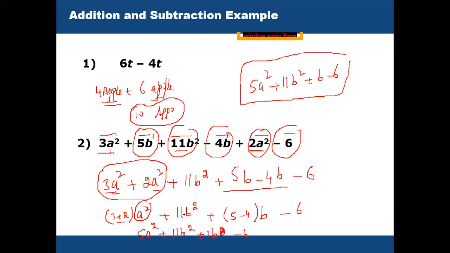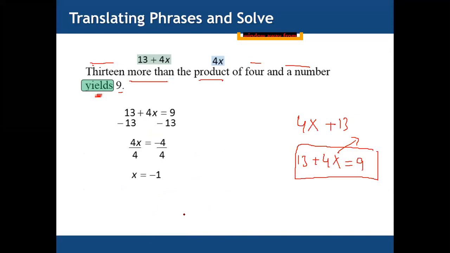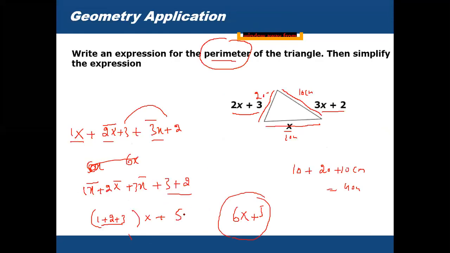Now, just give me 5 more minutes. Let's discuss the equation, how we can solve it. We discussed the equation here, but we didn't solve for the value of x. You know what an equation is? An equation is an open sentence having a sign of equality.